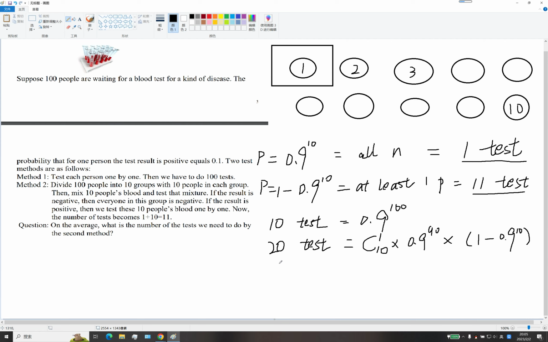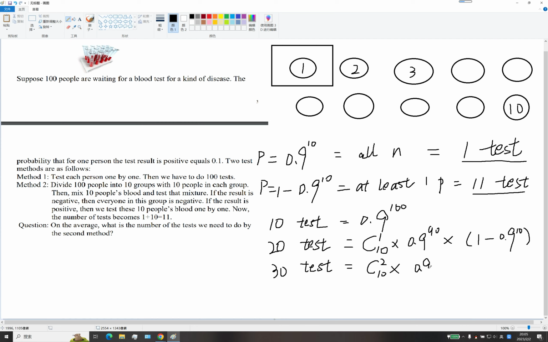Also, we can get: if two of the 10 groups have a positive, then we have to do 30 tests. And we should randomly select two of the 10 groups.